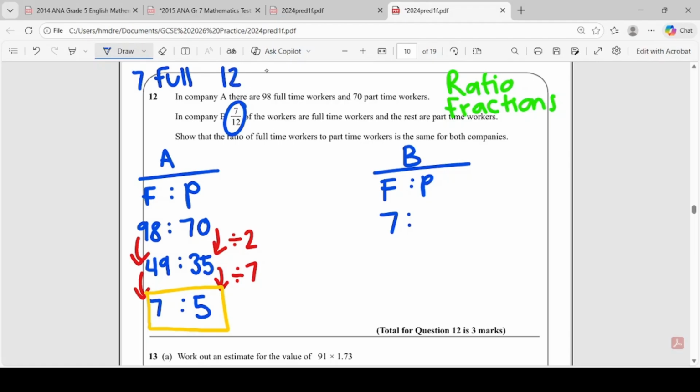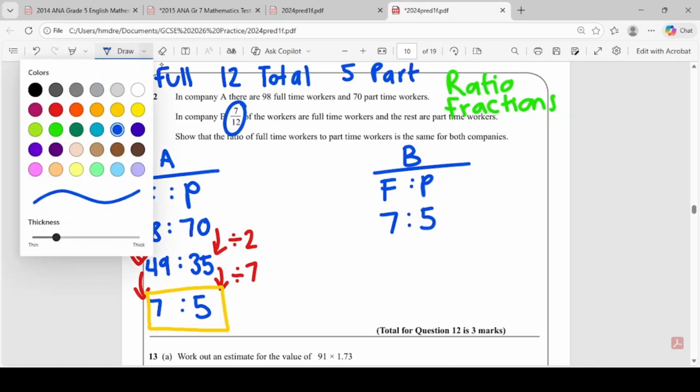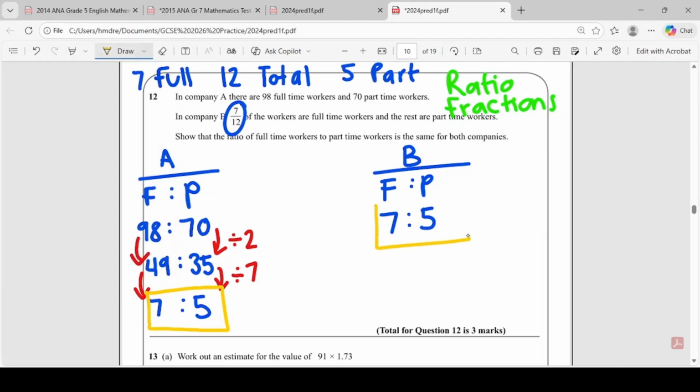There's 12 in total. So 12 take away the 7 is going to give me 5 part-time. And so I can see my ratio, my part-time workers is 5, and that ratio is the same. So we have done what they've asked. We've shown that the ratio is the same for both companies.